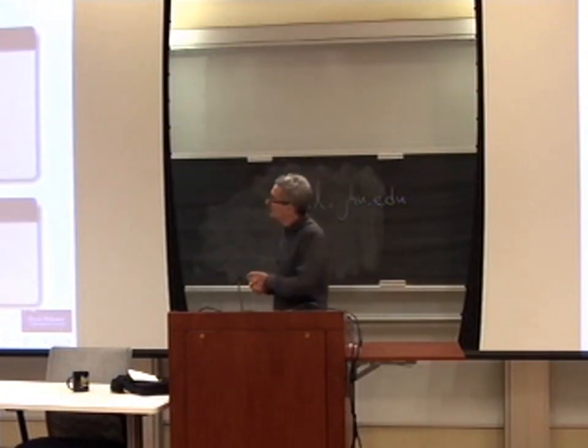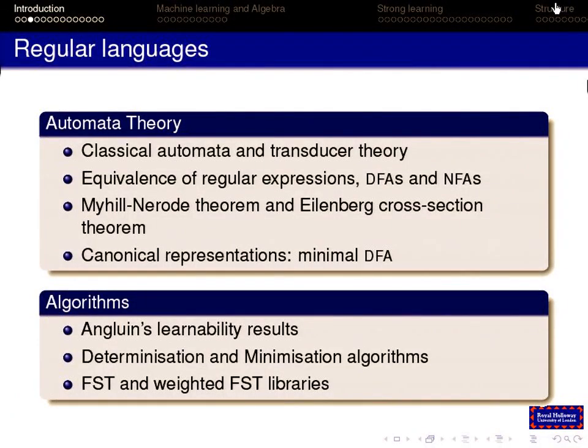Now, when you think about regular languages and automata theory, I have absolutely no corrections to make to this theory at all. I think it's really quite complete. We have all that classical automata and transducer theory: the Kleene theorem, the Myhill-Nerode theorem, the Eilenberg cross-section theorem.